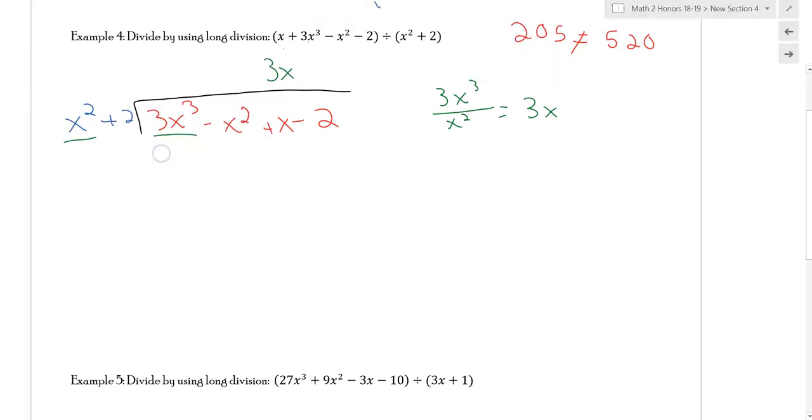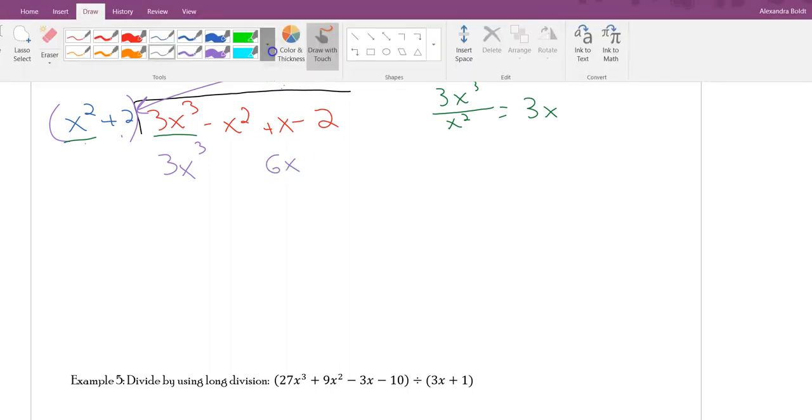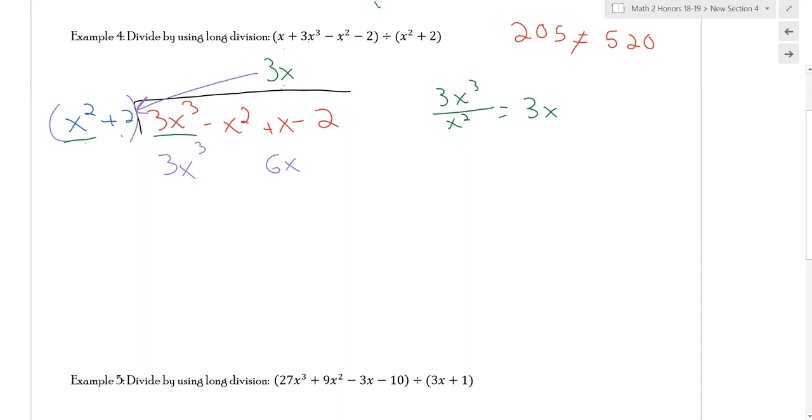Then we multiply by the whole thing. 3x times x squared is 3x cubed. 3x times 2 is 6x. Again, I have to put it under the x spot. So be very careful with lining up your work. Organization is everything. And then we change our signs to subtract.